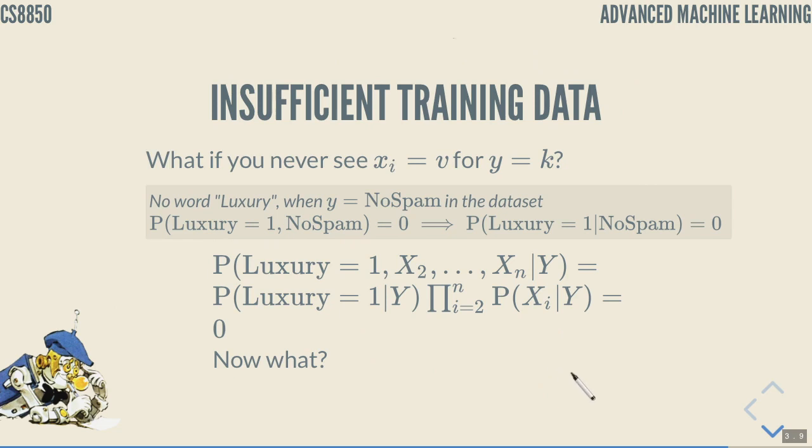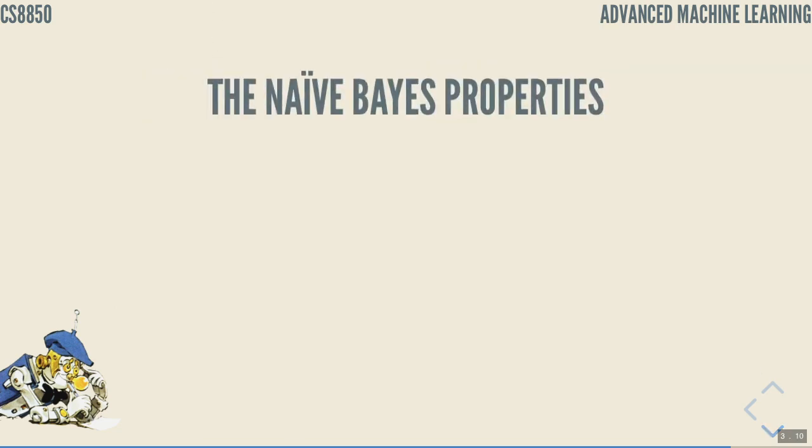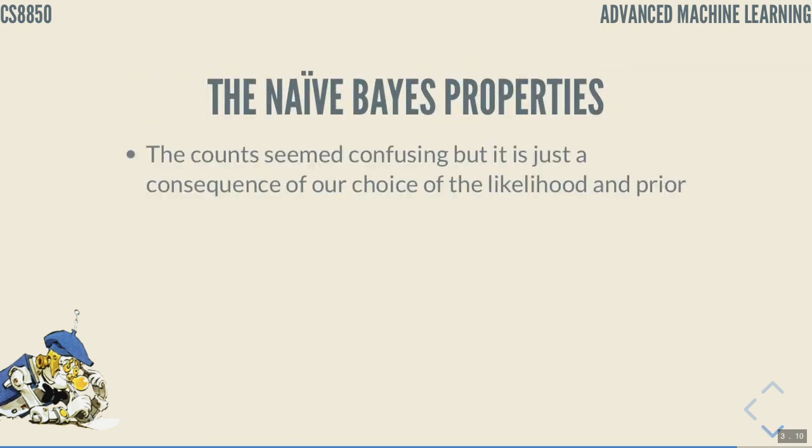Okay. We can classify text using bag of words now. We can minimize the number of parameters to estimate by using the naive Bayes assumption. Very simple classifier, very simple estimate, just compute the counts from the training data. And what are the other properties? Yes, the counts seem confusing, right?